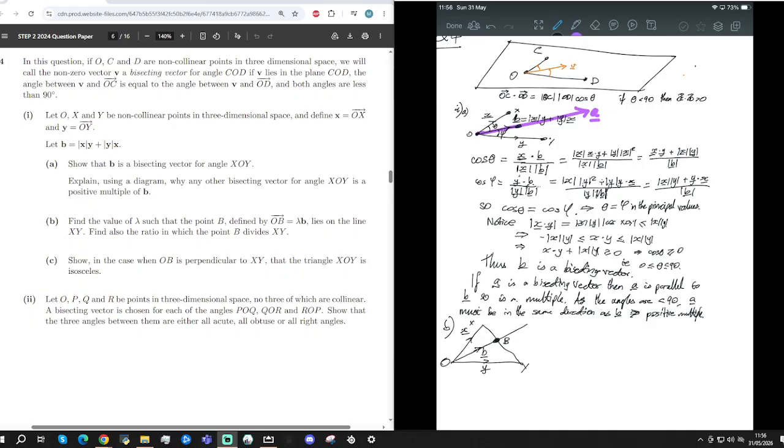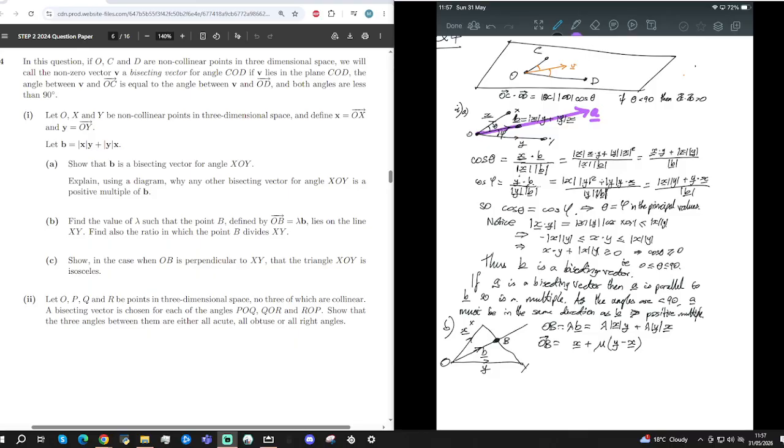Well, this is kind of our simultaneous vectors idea from GCSE level, really.